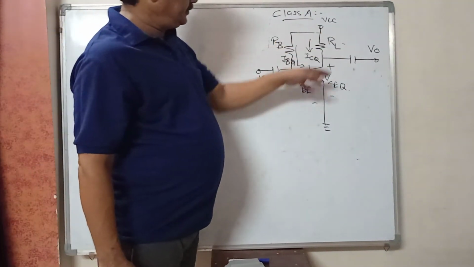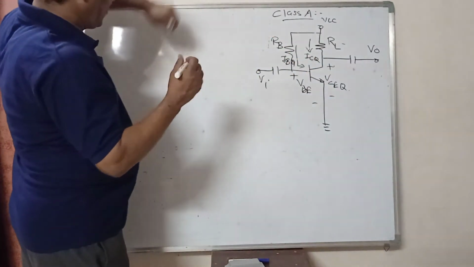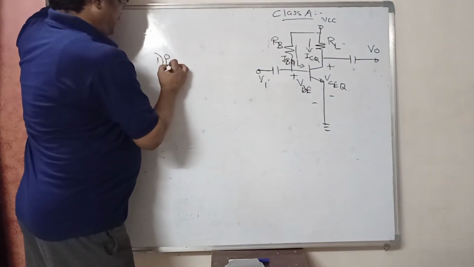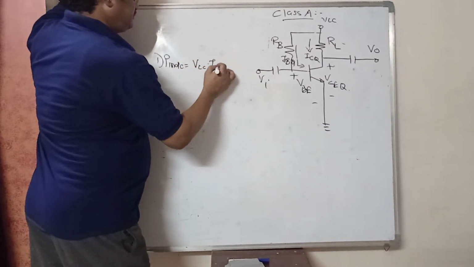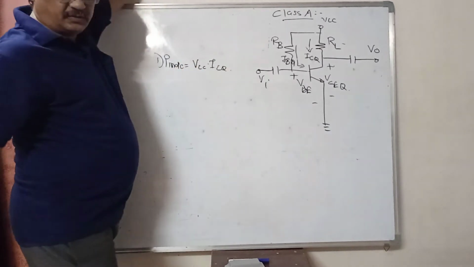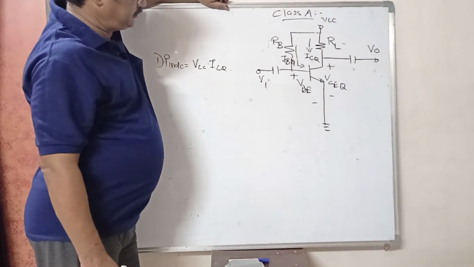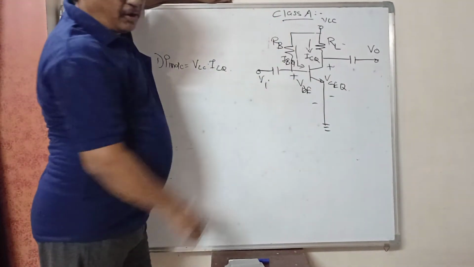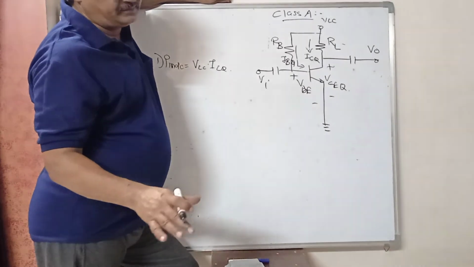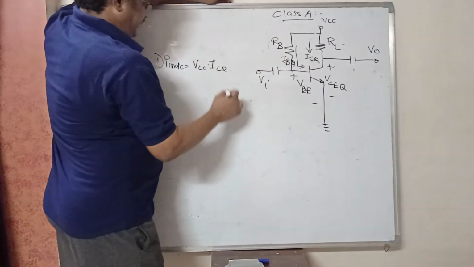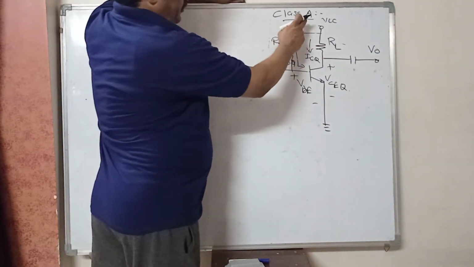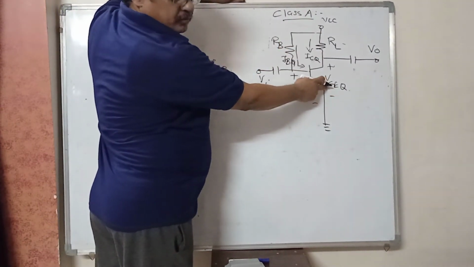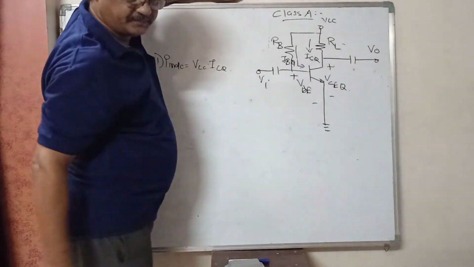So we will write the different power relations. First, the input DC power is VCC into ICQ. Now for class A operation, it is essential that VCEQ must be half of VCC.